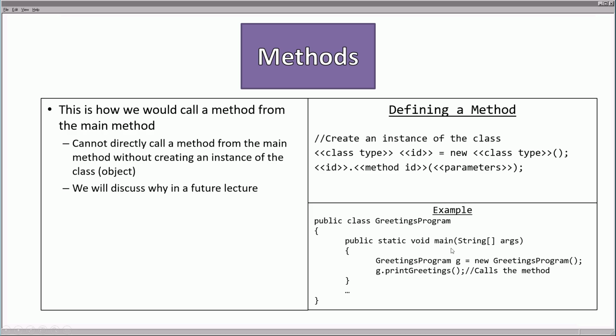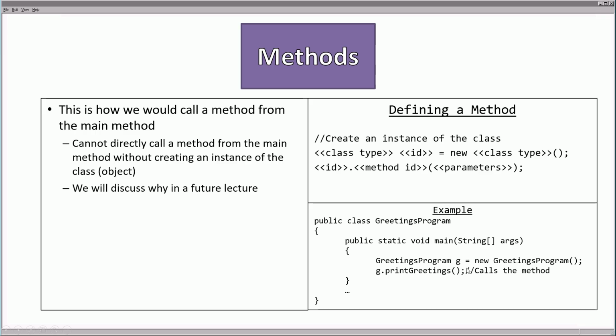In order to use any of those methods, what we have to do is create an instance of this greetings program. Notice this. Here's the type, greetings program, which matches the class. This has to match. Now, as mentioned before, if we're going to use that method, we have to create an instance called an object of that class.